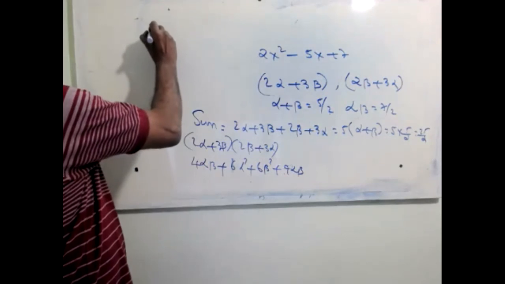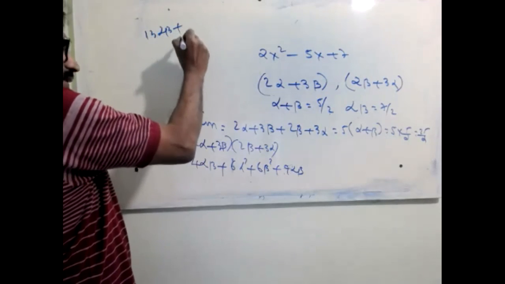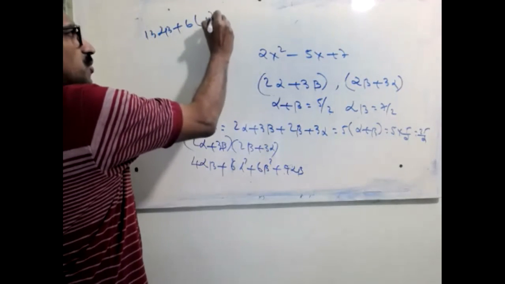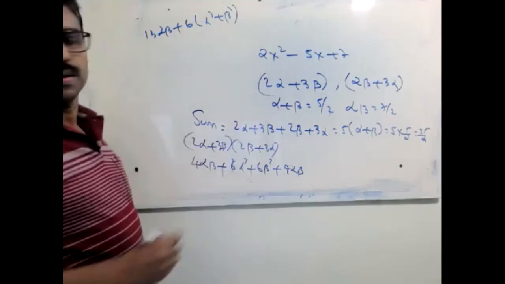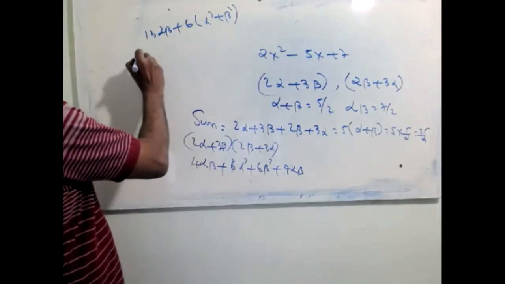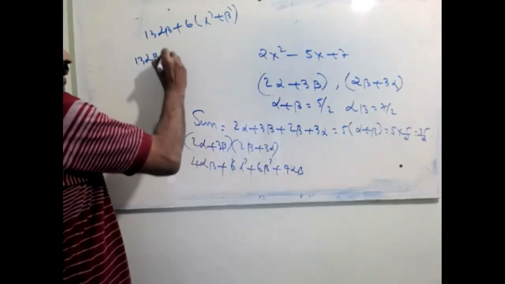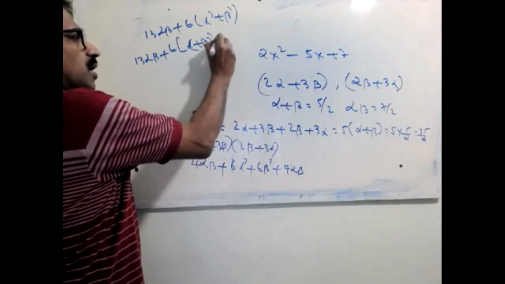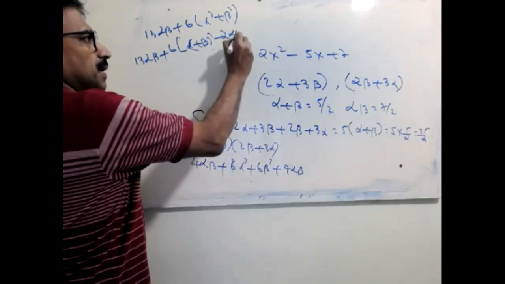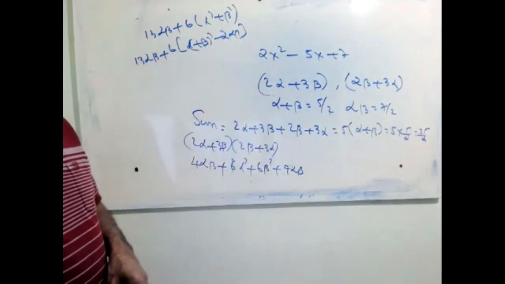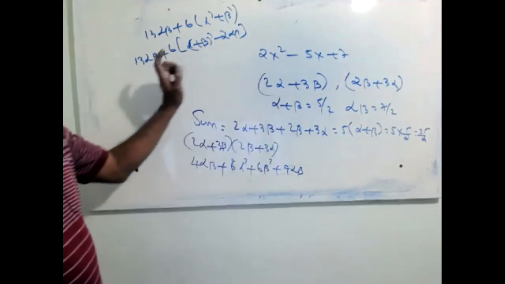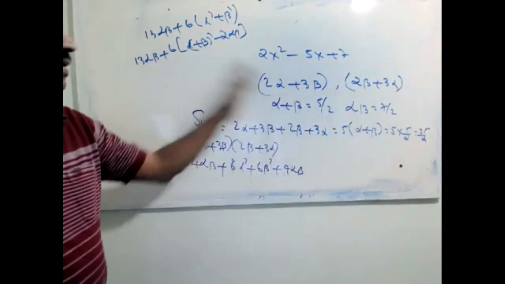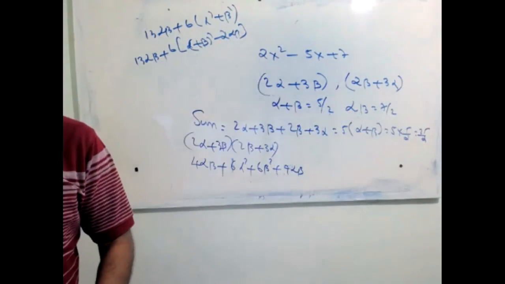Okay. 13 alpha beta plus 6 times alpha square plus beta square. After that 13 alpha beta plus 6 into alpha plus beta whole square minus 2 alpha beta. Okay, now you substitute these values. Which values? This one here, this one here, and find out. Okay, this is the method.